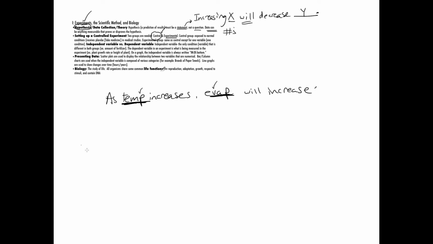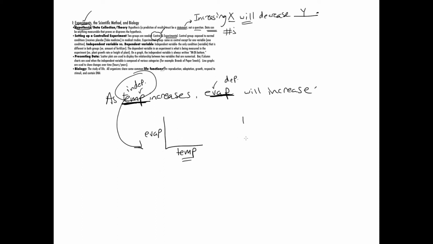One is the independent and one is the dependent. The first one is always the independent variable. The second one is the dependent. And the independent, remember we said if you have a graph, it's the one that goes on the bottom. So the temperature is the independent variable and evaporation is the dependent variable.